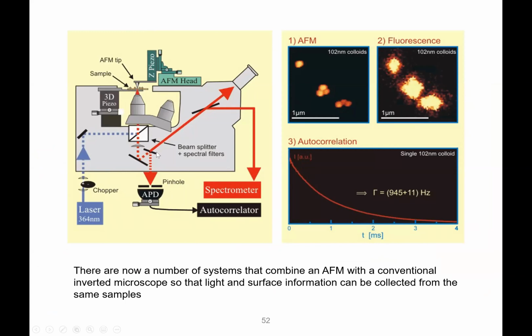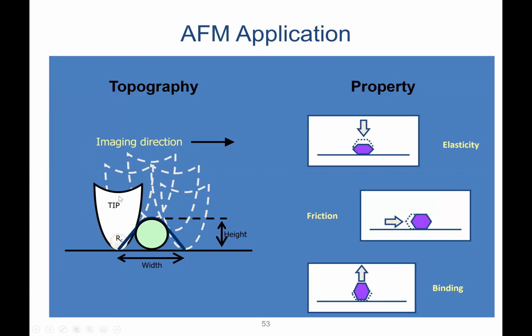By looking at that, we can see when this tip goes over a particle, we can detect the tip motion, right? And by doing so, we can push this one to the side, or we can pull this one to the top.